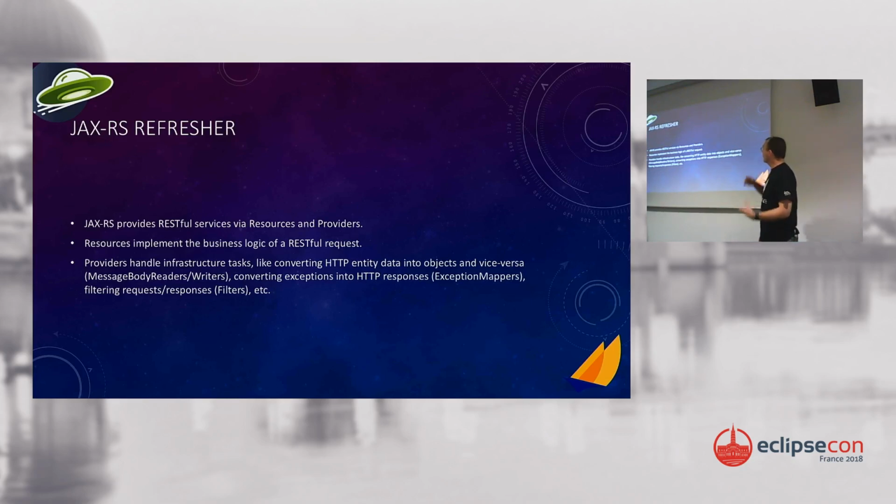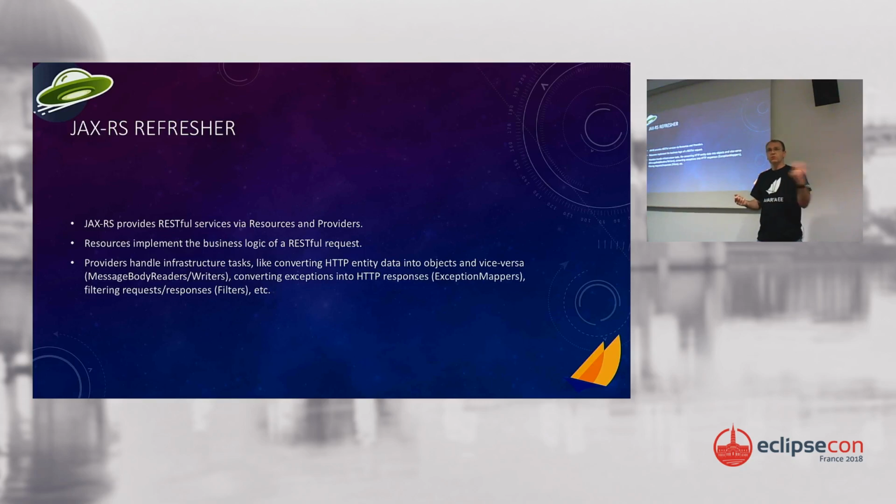I just want to give a refresher, so that when we get into the nuts and bolts of what's new, you have a basis for understanding where we're going. JAX-RS has basically two types of concepts: resources and providers. Resources are where your business logic is.